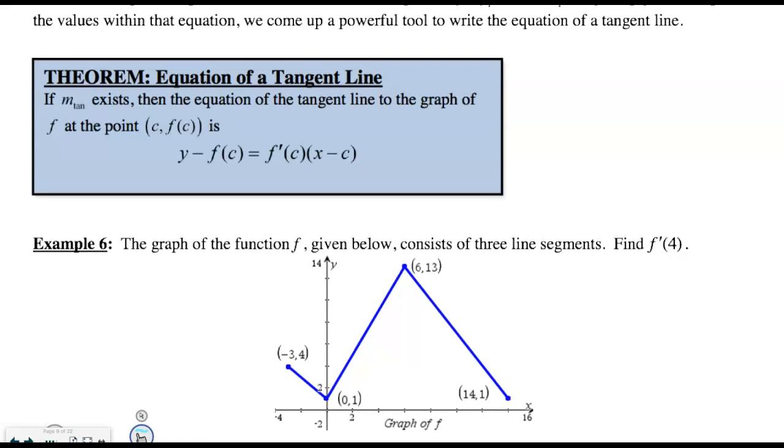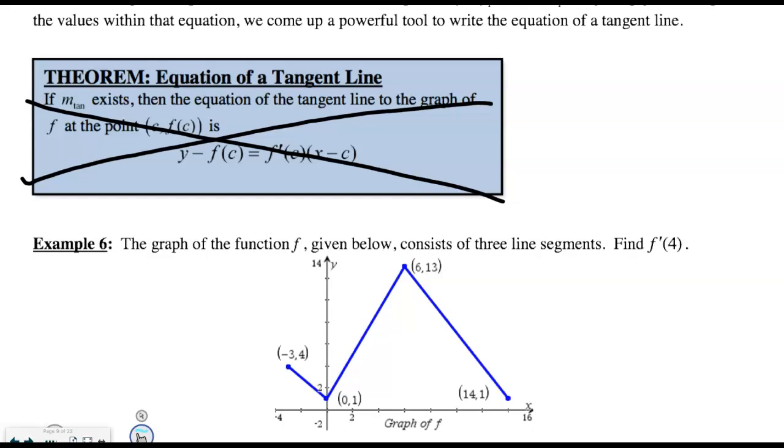Anyway, I want you to cross this off because I don't like you to memorize formulas. If I said to Bella, guess what, to get the equation of a tangent line at c comma f of c, you do y minus f of c equals f prime of c times x minus c, she'd be going, what? Wouldn't you? We don't do formulas, but from Algebra 2, if you know a point on a line and the slope of the line, how did your Algebra 2 teacher tell you to write the equation for the line?